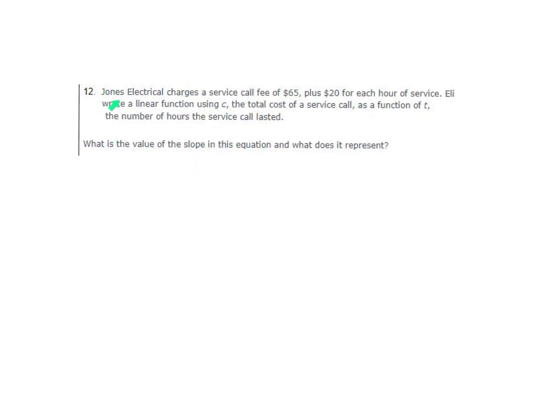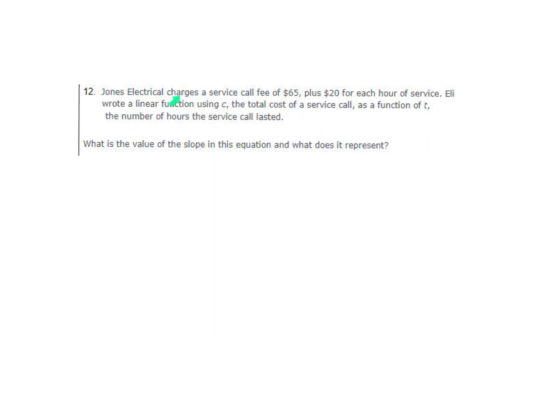This question number 12 is very similar. It says Jones Electrical charges a service call fee of $65 plus $20 for each hour of service. Eli wrote a linear function using C, the total cost of a service call, as a function of T, the number of hours the service call lasted. What is the value of the slope in this equation, and what does it represent?